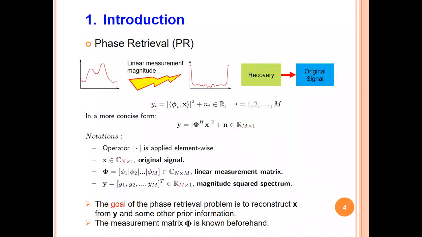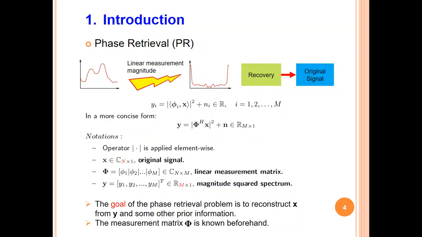The physical process of phase retrieval is to make a linear measurement of a signal and then take its magnitude and then square it. Because this process will lose phase information, it is called the phase retrieval problem. The relevant variables of phase retrieval problem are shown on the slide. Because of the modular operation, the entire process is a nonlinear process.